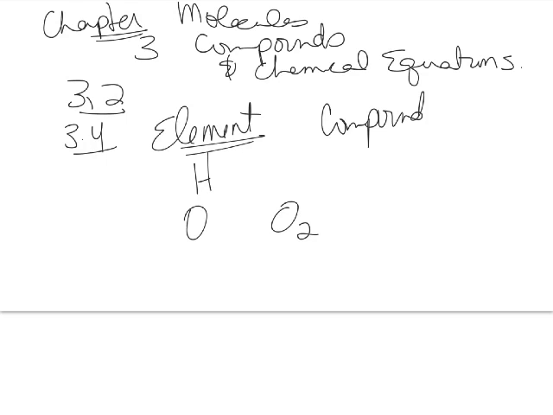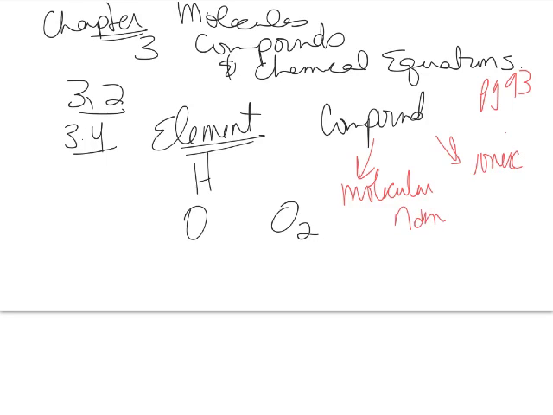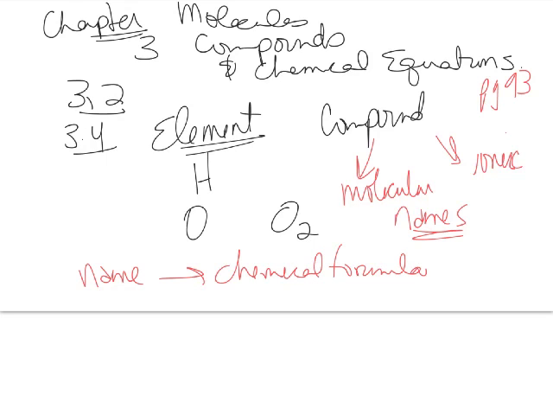But you need to be able to classify these compounds too. I'm looking at page 93: do you have a molecular compound or an ionic compound? The reason this is important is because you're going to have to name these compounds, and go from a name to its chemical formula and back to the name.